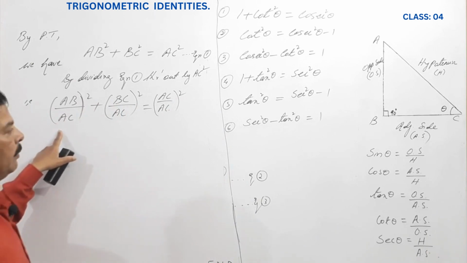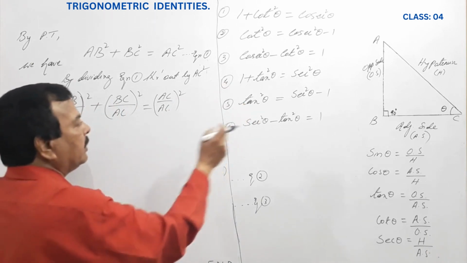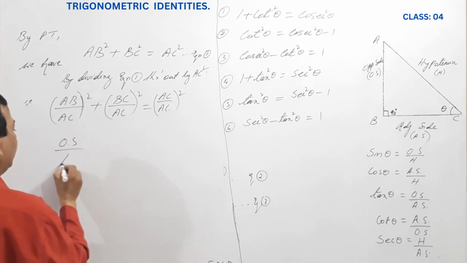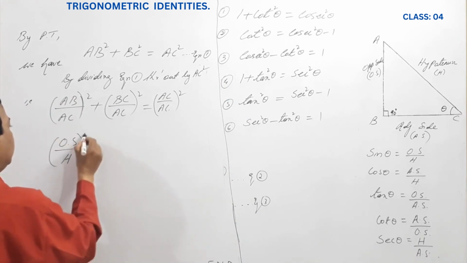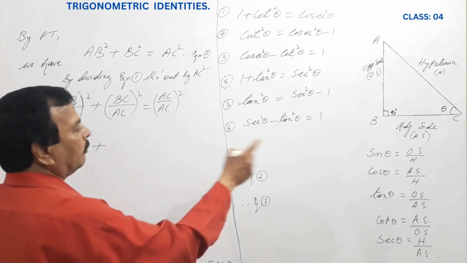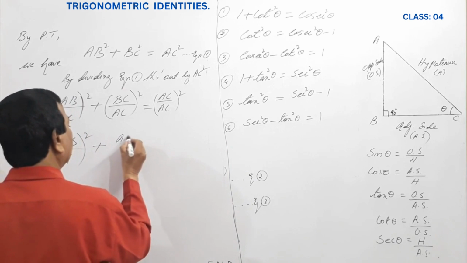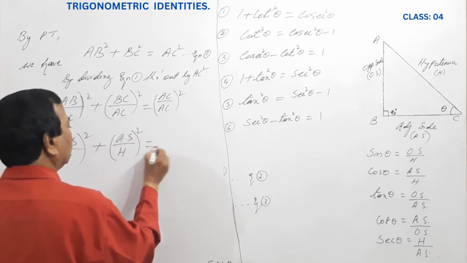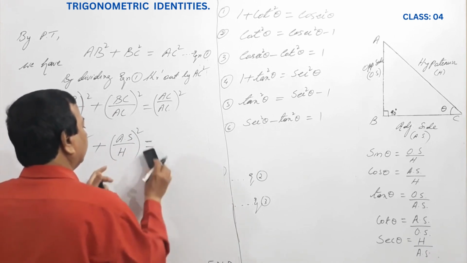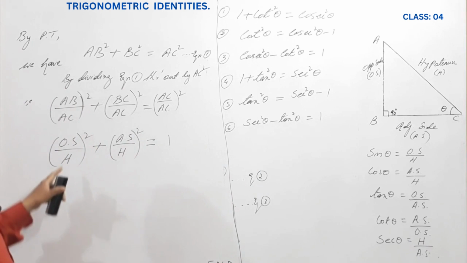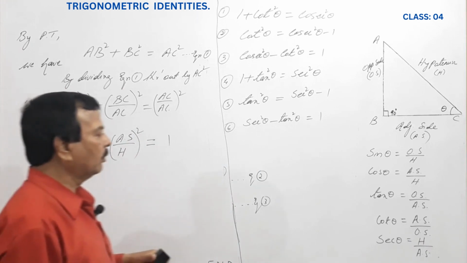Now let us see what is AB by AC. AB is opposite side, AC is hypotenuse, and this is square, plus what is BC? BC is adjacent side by H, and this becomes 1.